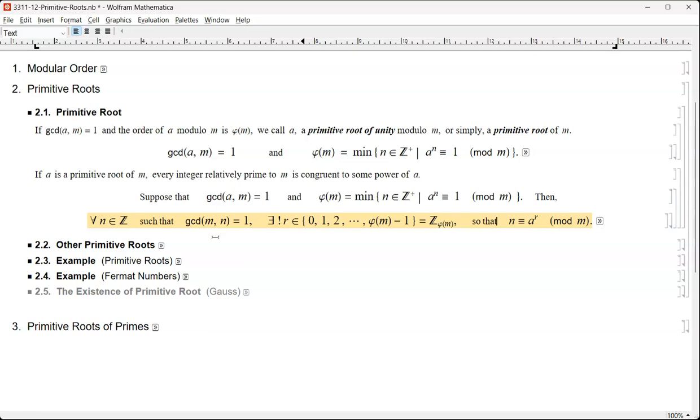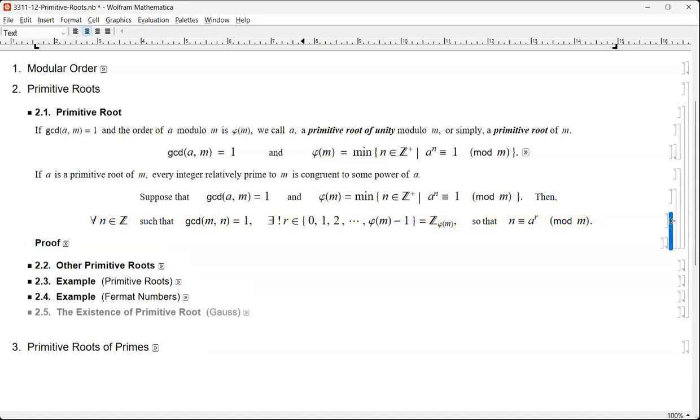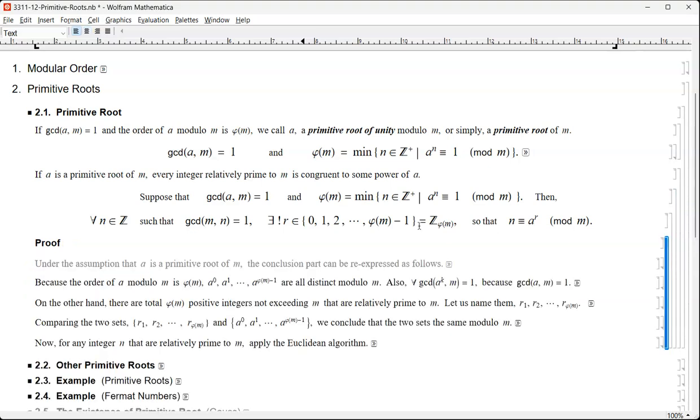So any integer relatively prime to m can be written as a to the r power modulo m. So a to the r powers will cover everything basically. And then the selection is unique, and that's actually pretty easy to see because a to whatever power, 0 power, first power, second power, up to phi of m power minus 1, they're all distinct because of that distinctness property in section 1.